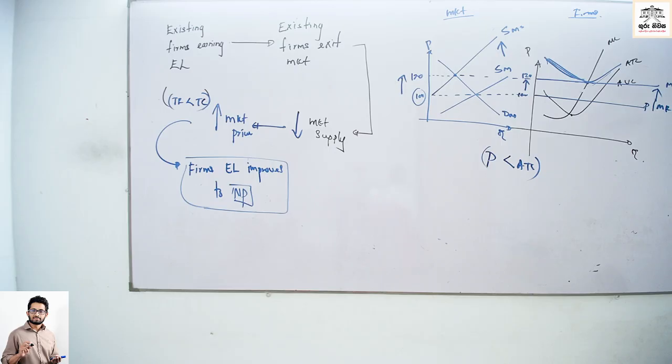We have discussed producer surplus, but we can discuss it using this graph as well. Then factor market analysis; most probably by next Sunday I will be able to complete the session. There's a small part for factor market analysis, but it's not the detailed analysis.